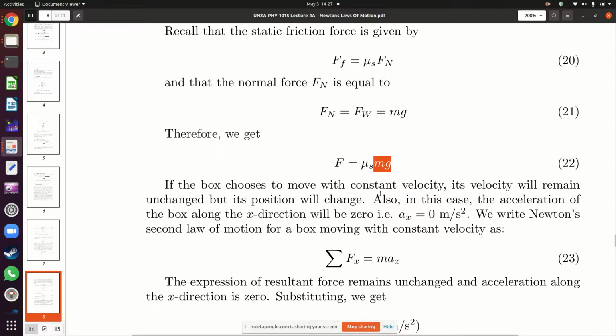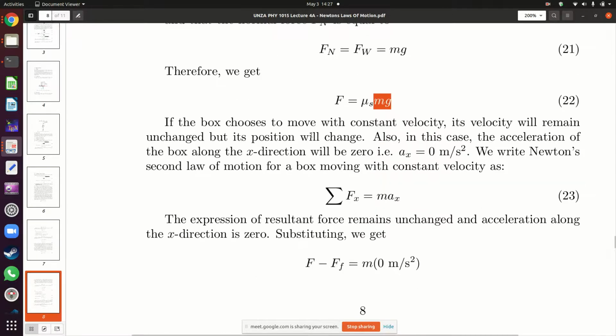The other case you can have is that when you pull this box, you actually manage to pull it, so it moves. However, the box moves with a constant velocity. If the box is moving with a constant velocity, then again the acceleration along the horizontal direction is equal to 0. So whether the box is moving or not moving, the resultant force is still the same.